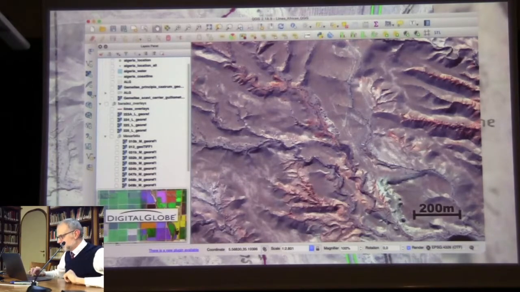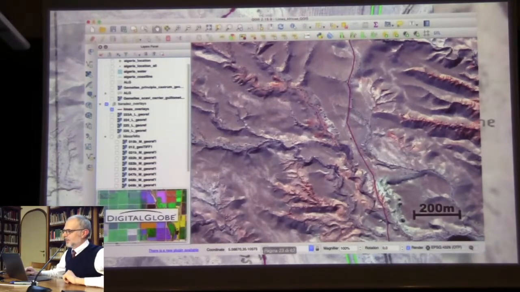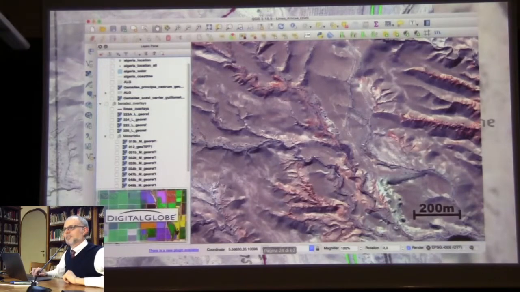But some traces you can see, if you know that it's going here, now you see maybe better where it should be. And this was the start of our work before going to the ground. Even in the first season, we had a very precise idea, precise meaning 10 meters, 20 meters, okay, where to go.